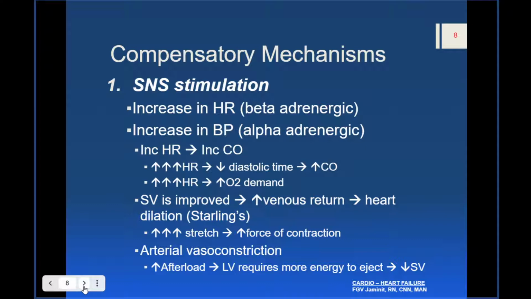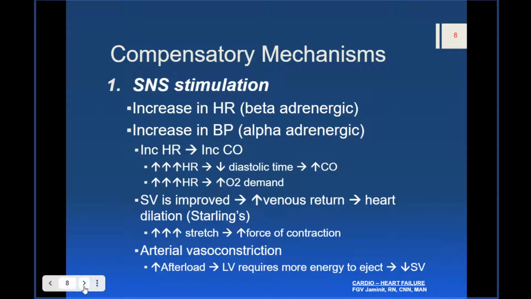The parasympathetic, on the other hand, decreases the heart rate and the blood pressure. Okay? So when we talk about the increase in the heart rate, we're talking about the beta adrenergic effect. And when we talk about the BP, it is the alpha adrenergic effect.